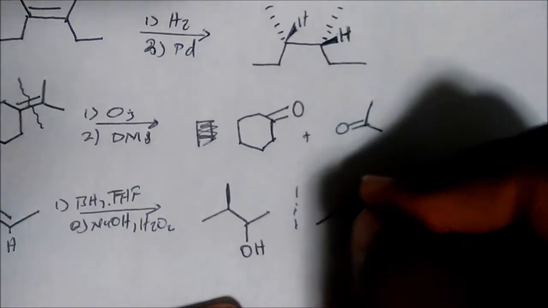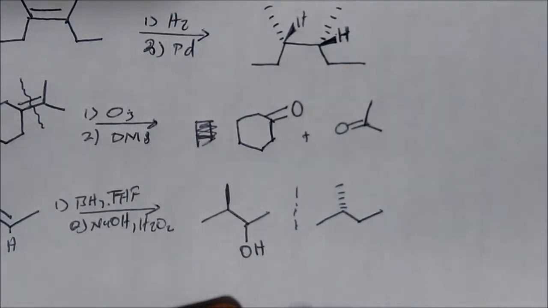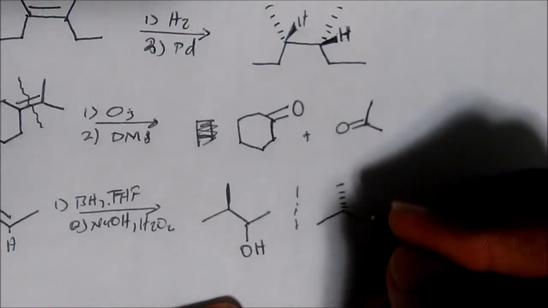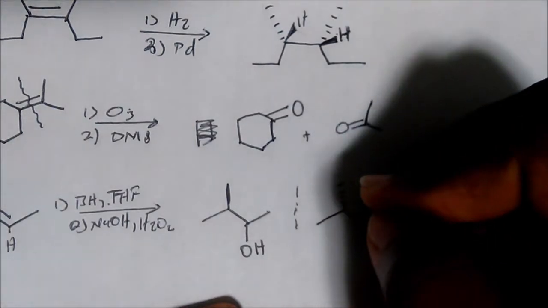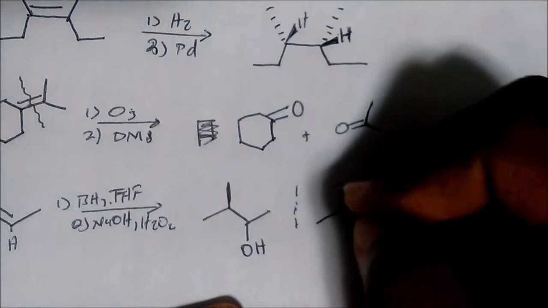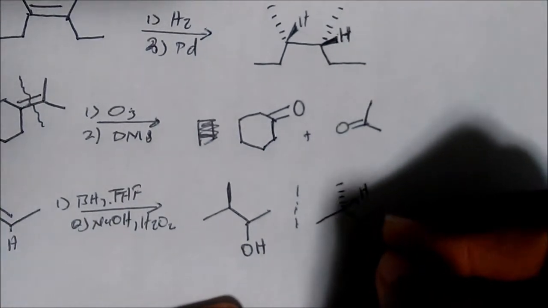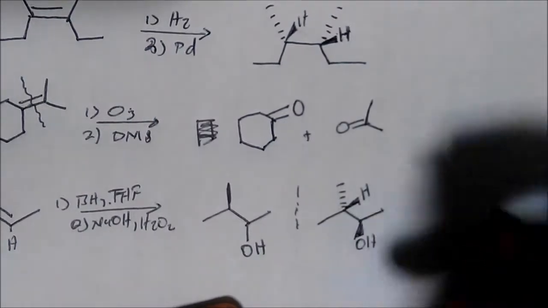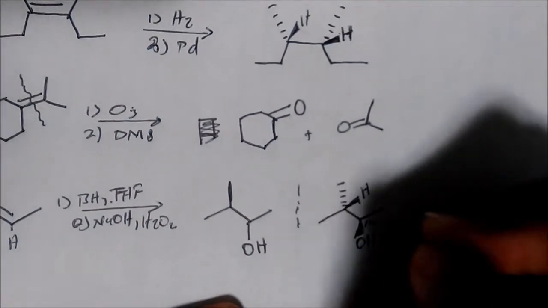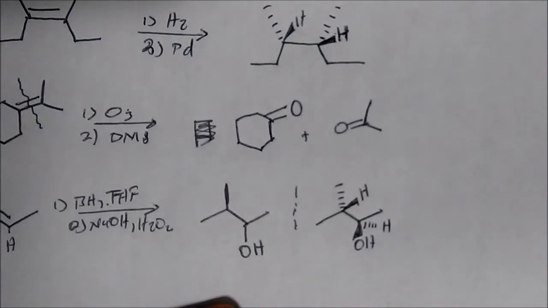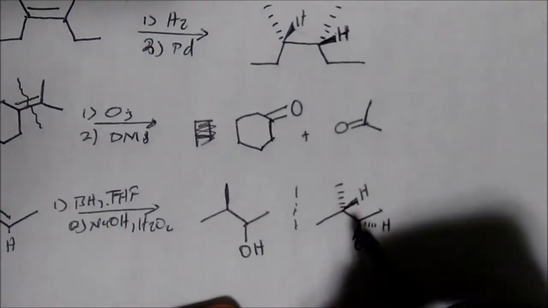All right, so what if we had the CH3 going away? Because there's syn addition, we're going to have this hydrogen coming out at us. So therefore, our OH has to be coming out at us also, and then the other hydrogen that's here is just going away.